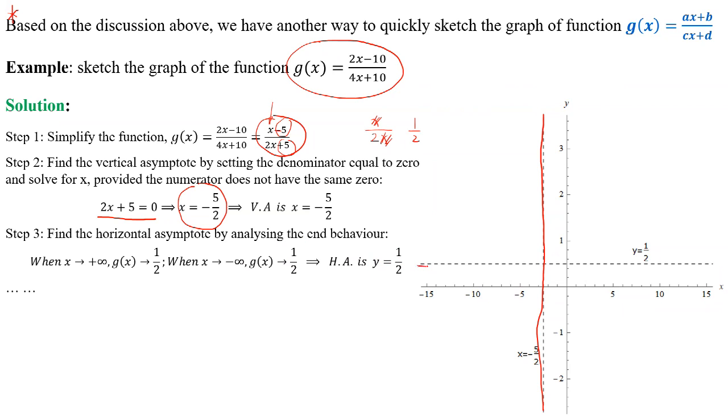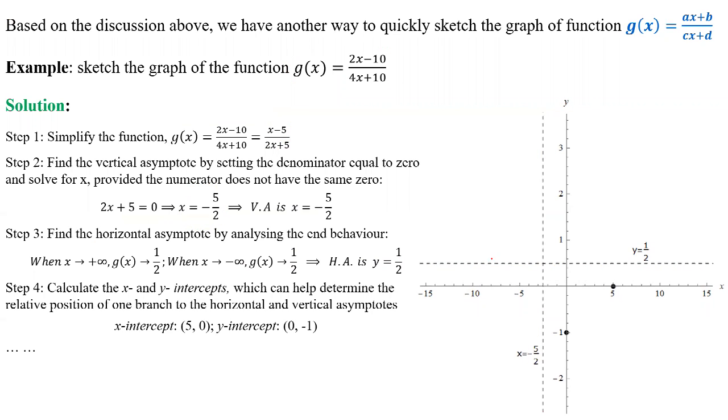So now we can draw the horizontal asymptote on the graph. Now we have two asymptotes, horizontal asymptote and vertical asymptote. Next step, we can calculate the x and y intercepts, which can then help determine the relative positions of one branch to the horizontal and vertical asymptote.